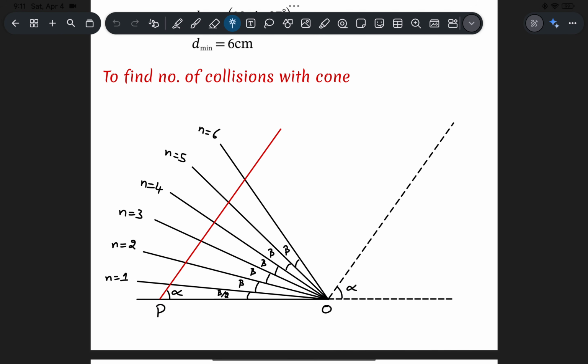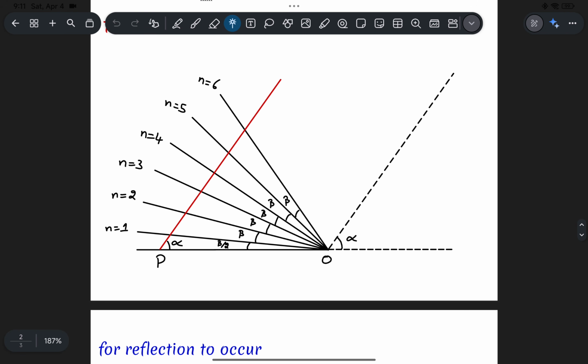So the maximum limit is that beta can go till this surface for it to collide. Here, if this was alpha, this is also alpha because these two are parallel lines. And for us, this beta line should not cross this dotted line. So this full angle I can simply write as 180 minus alpha.